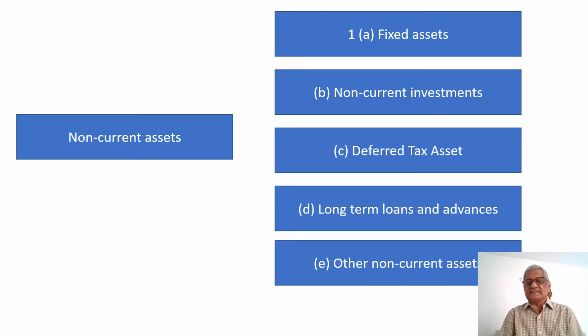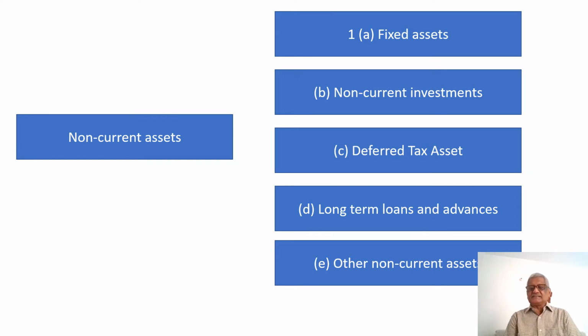The non-current assets consist of fixed assets, non-current investments, deferred tax asset, long-term loans and advances, and other non-current assets. So under non-current assets, we have broadly five heads, starting from fixed assets till other non-current assets.